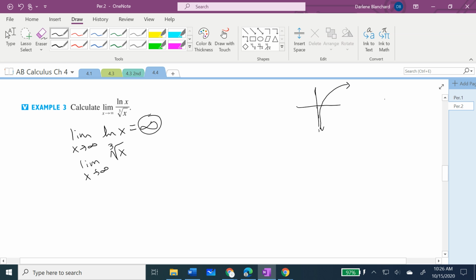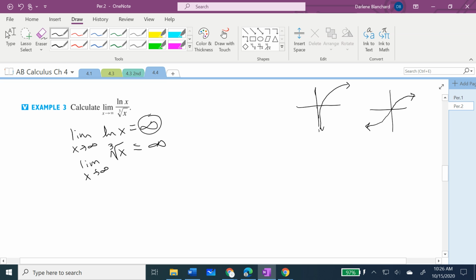Cube root of x isn't exactly the fastest function in the bunch. It's like a totally tubular time going, hey man, I'm growing. Stick around. I will. They both head to infinity at their own little pace.